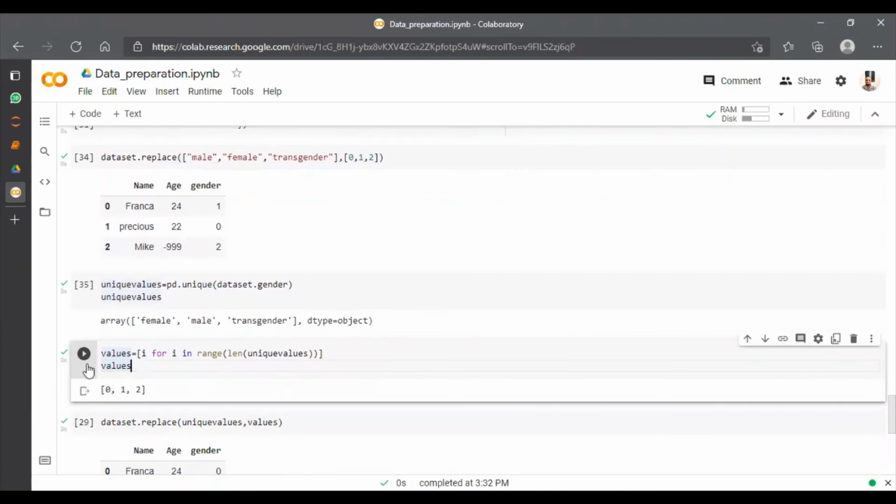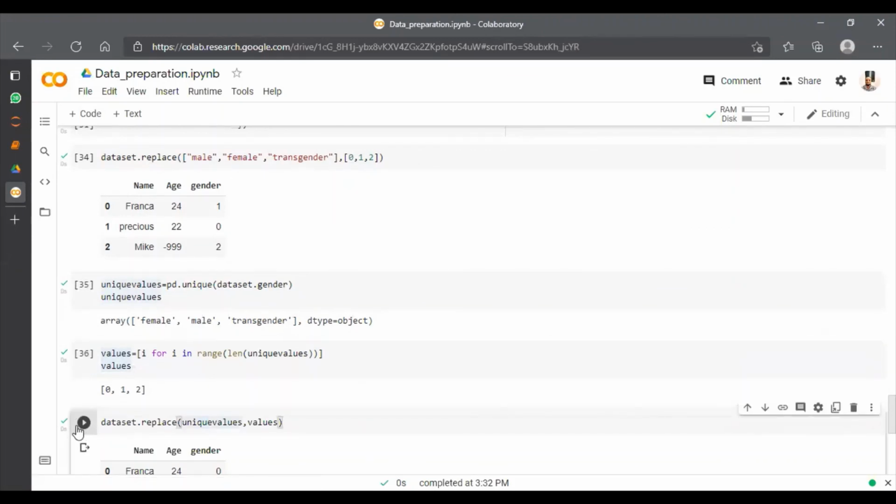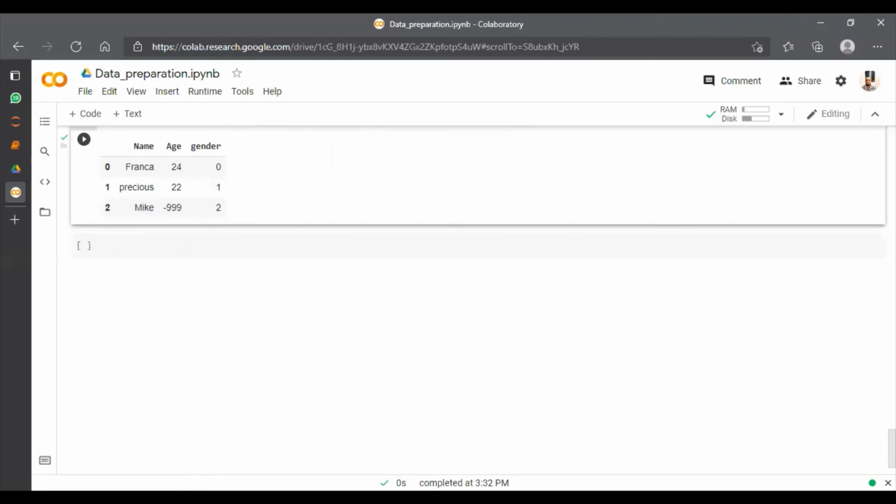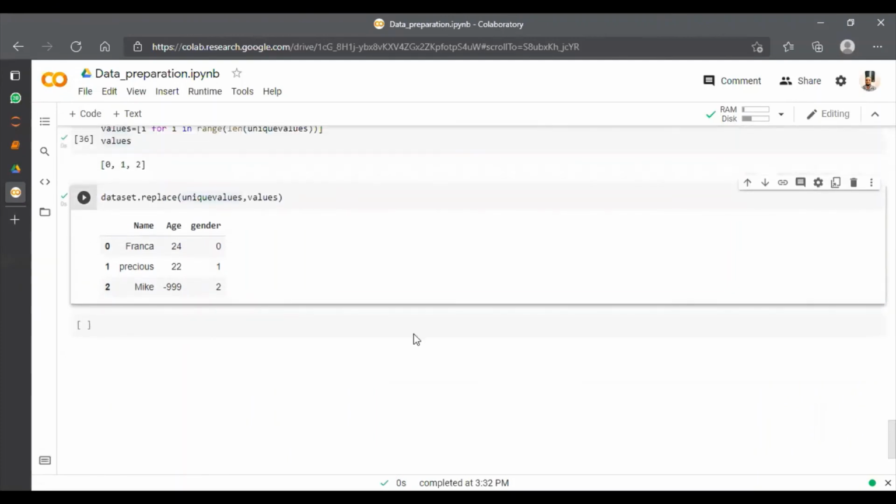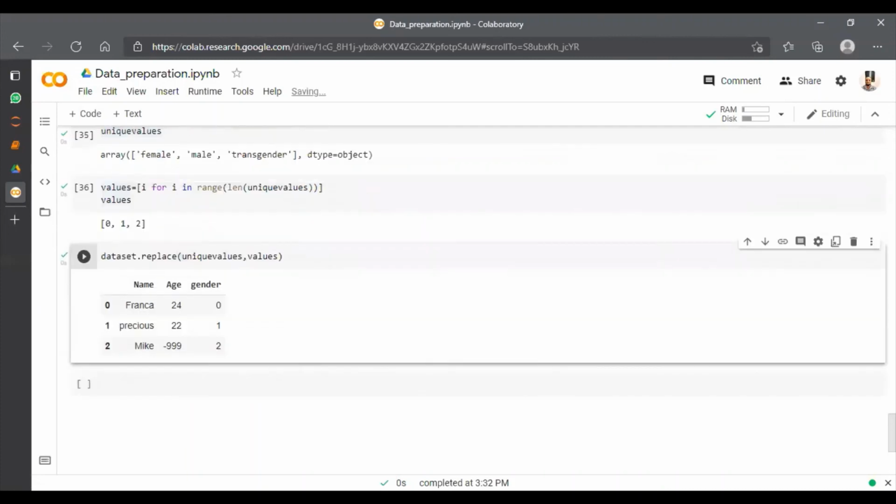Then we can replace. You can then replace. Do you understand that?